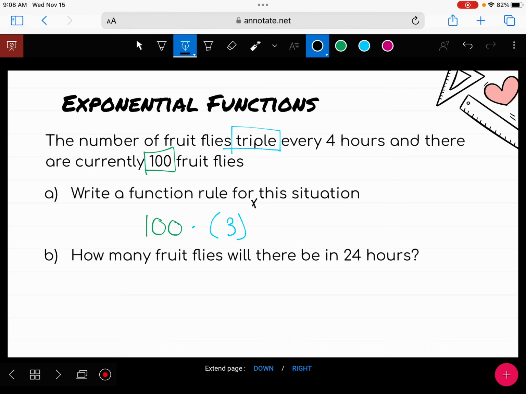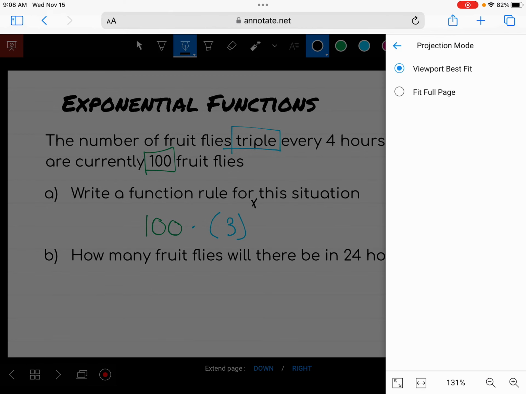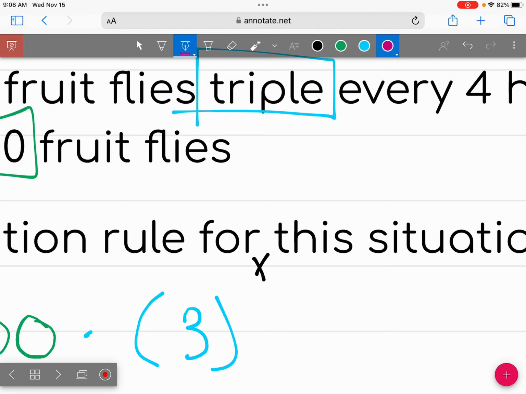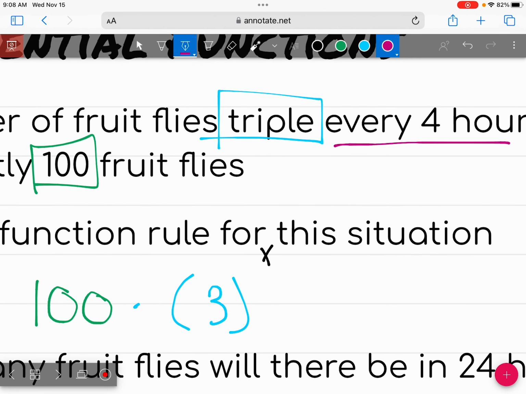Because it takes 4 hours for it to triple one time. So for my exponent to be 1, my x needs to be 4. So, sorry, there we go, zooming in. Since it's every 4 hours, we have x over 4. Okay?